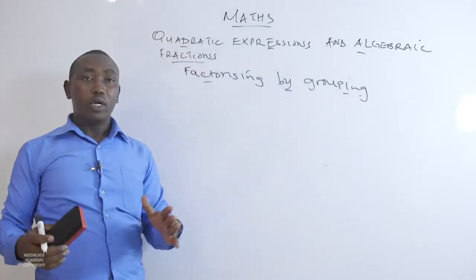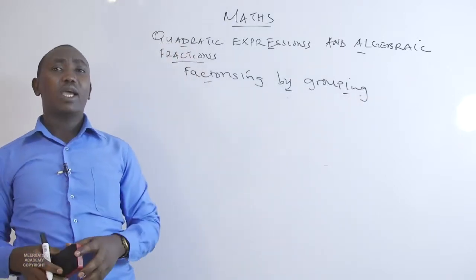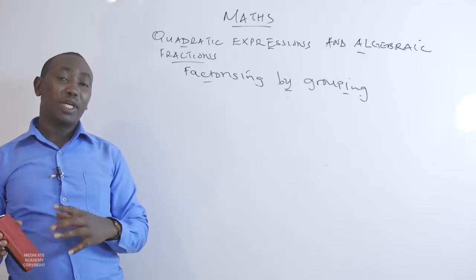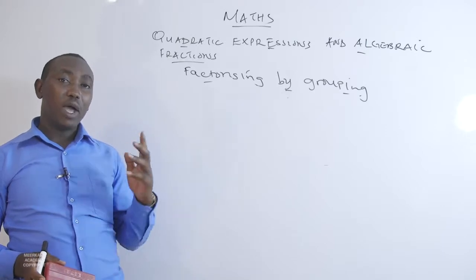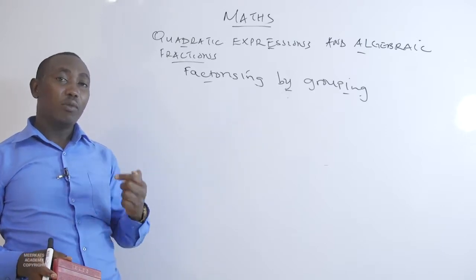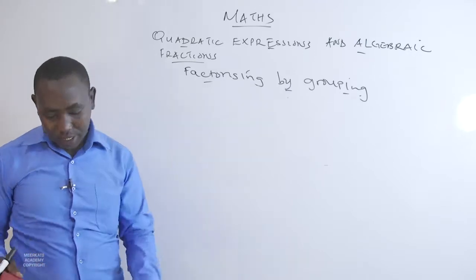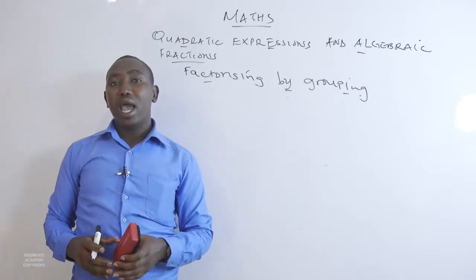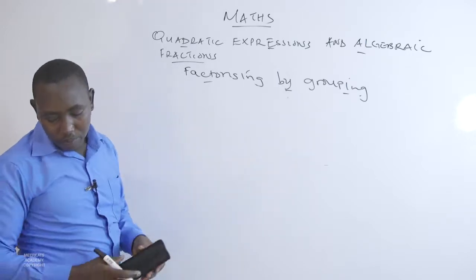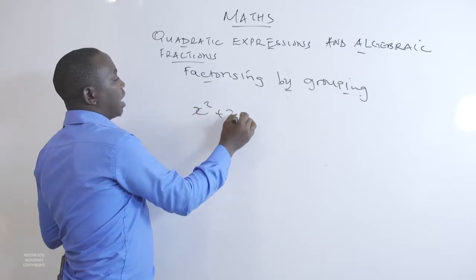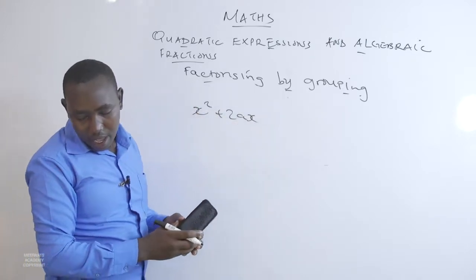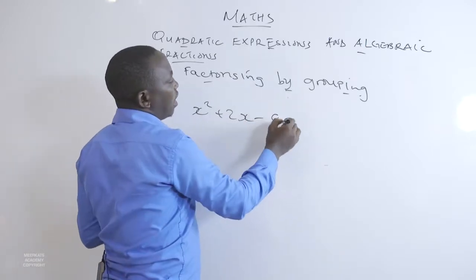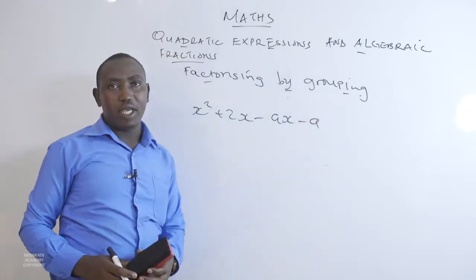Whenever the question of factorization by grouping comes into question, that means we are going to group some particular terms. The terms which we are going to particularly group are what we normally refer to as like terms. In most cases, such expressions can be of the form x squared plus 2x, subtract ax minus m.